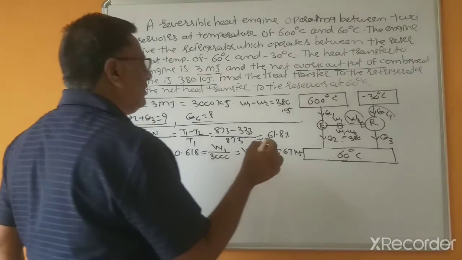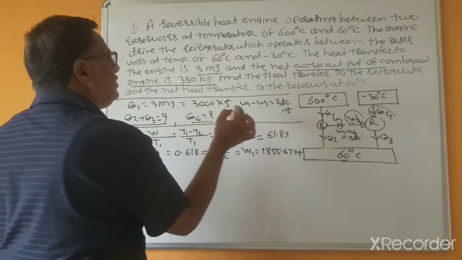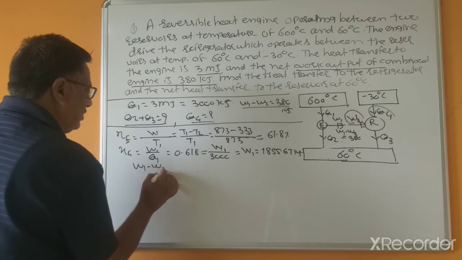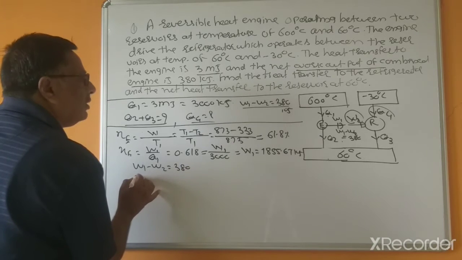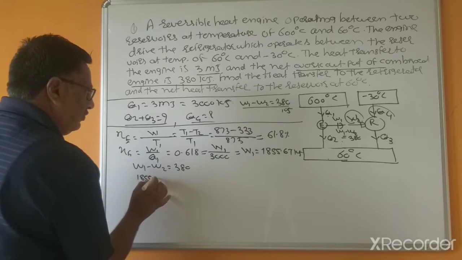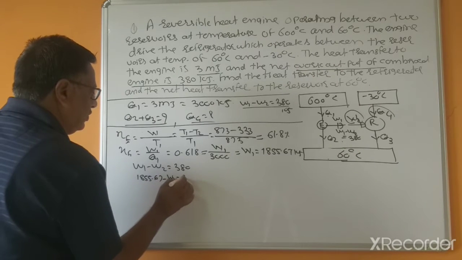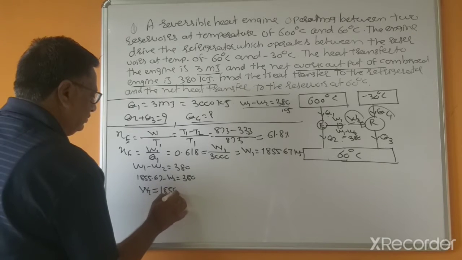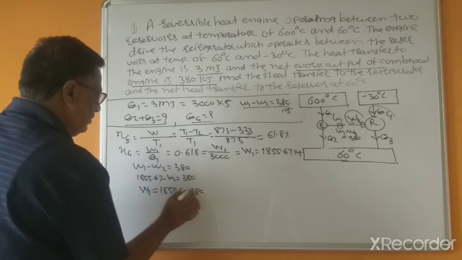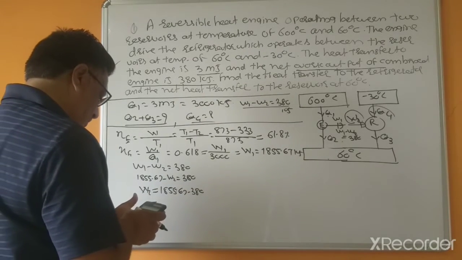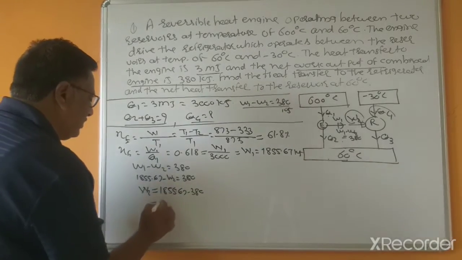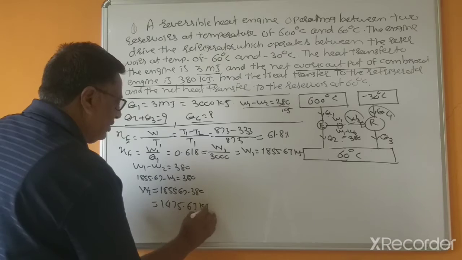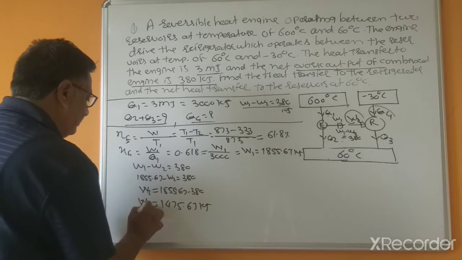Now from the net work done relation, W1 minus W2 equal to 380, so W2 equals W1 minus 380, which is 1475.67 kilojoule.